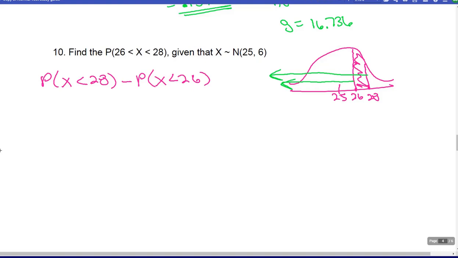How do I find the area below 28? You have to convert to a z-score, right? Good. 28 minus what? 25. Divided by? The square root of 6. Okay, so what's 28 minus 25?